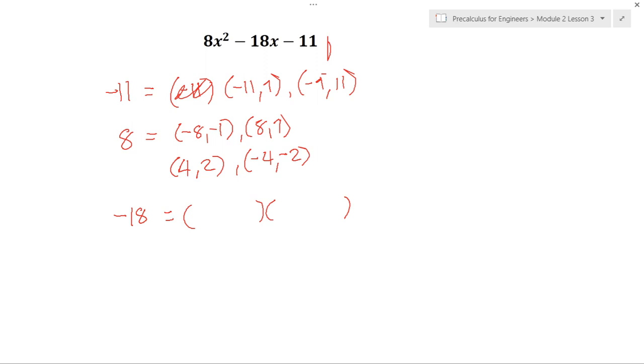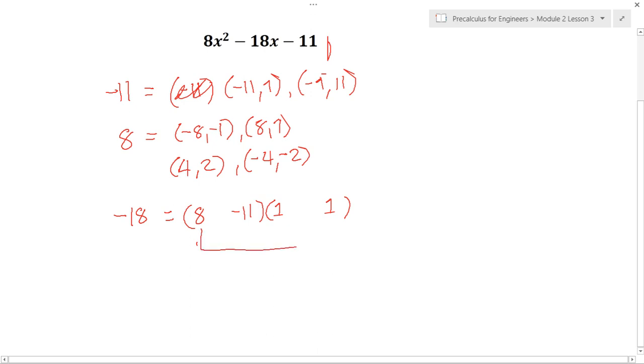So, lagay ko dito. Since 8 yung nasa una natin, it's either I put here 8, tsaka I put here 1. Then, sa negative 11 tsaka 1, dapat yung sum niya is negative 18 sa FOIL natin. So, I will put it here, negative 11. Then, dito yung 1. Bakit? Kung dito yung 11 times 8 is 88. Laki-laki na.